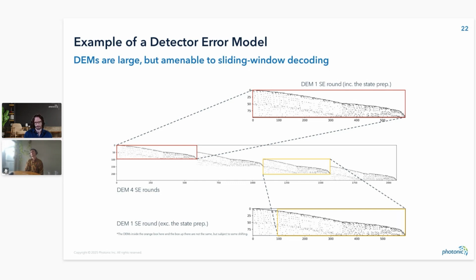So those 2 integers tell you how difficult each individual decoding problem is when you're stitching together the full decoding of one of these detector error models.